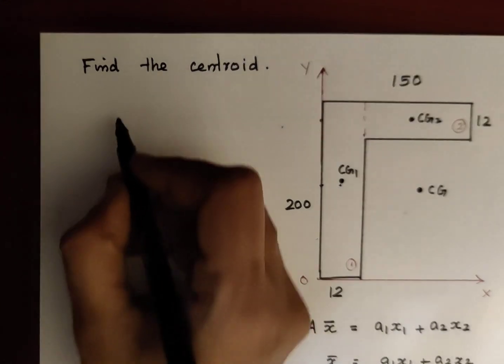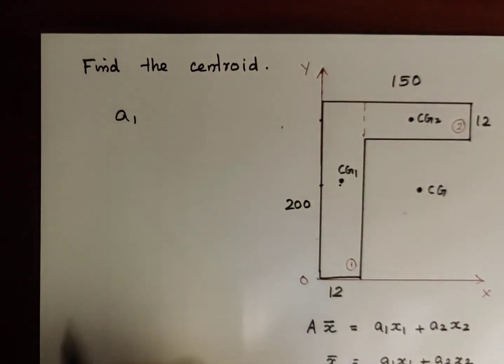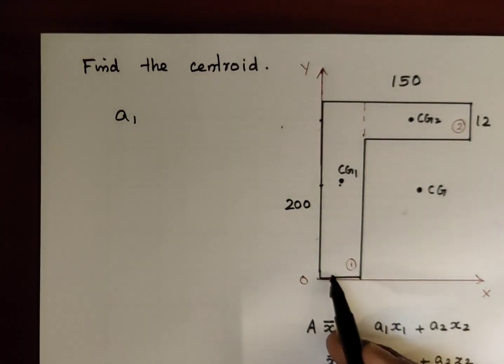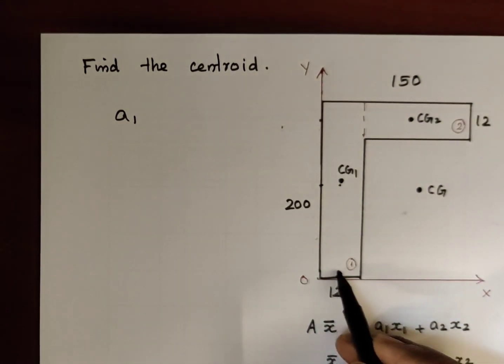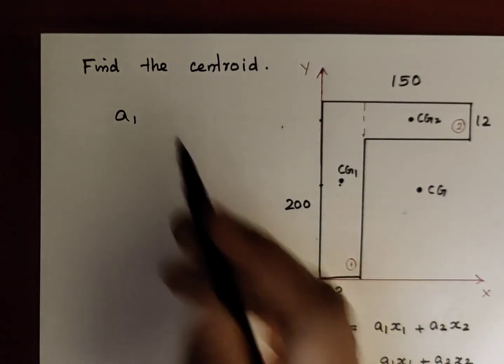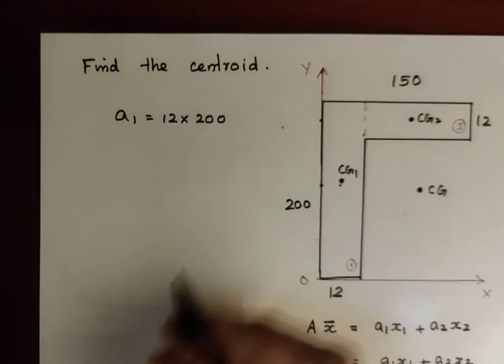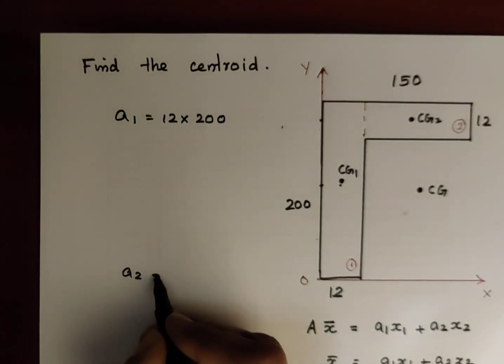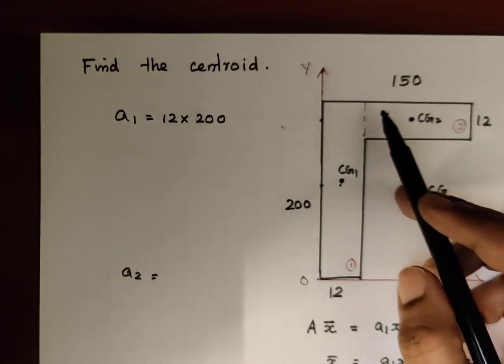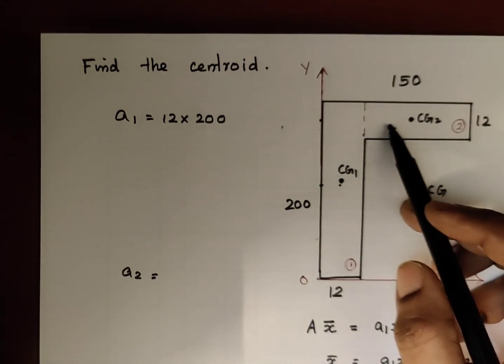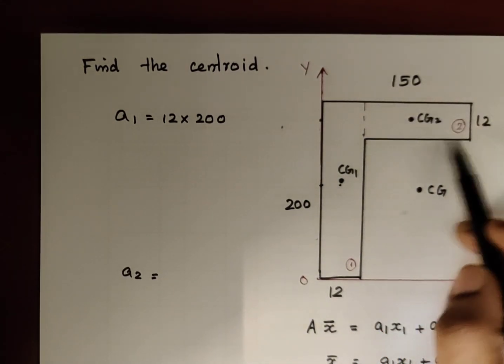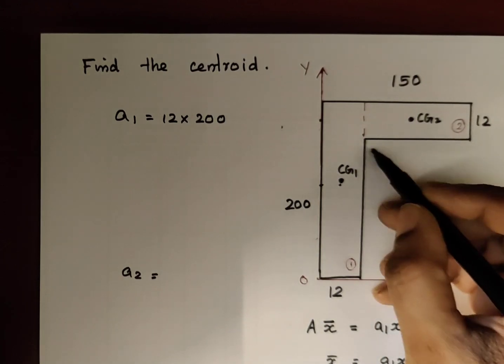First we will write what A1 is. This is the first rectangle. Area is equal to breadth into depth. A1 is equal to 12 into 200. Now A2, the second rectangle. The area is equal to this width.